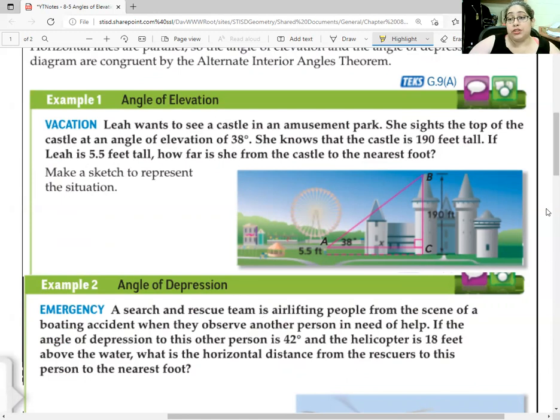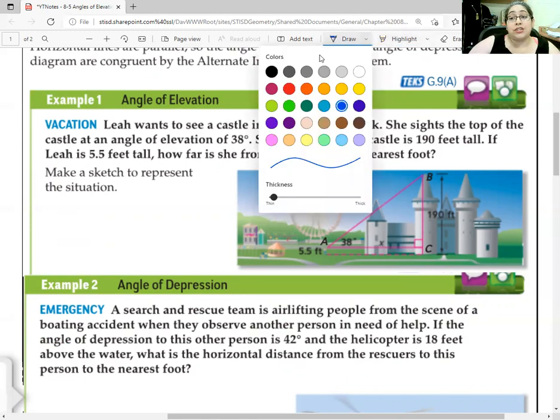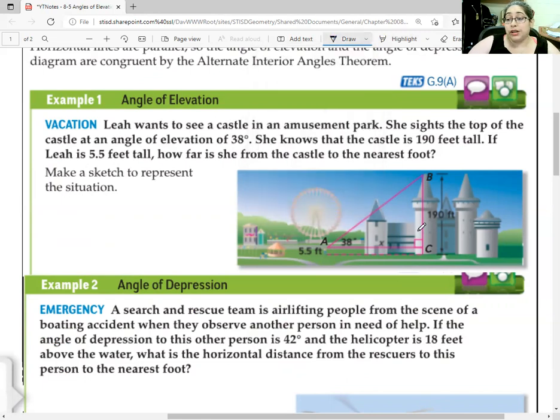The first thing that we should do on this is to draw a quick sketch of the situation, and we have our quick sketch here. Now notice we know that the entire height of the castle is 190 feet, but she's 5.5 feet tall. That means that this piece right here, from where her eyes are to the top of the castle, is not 190 feet.